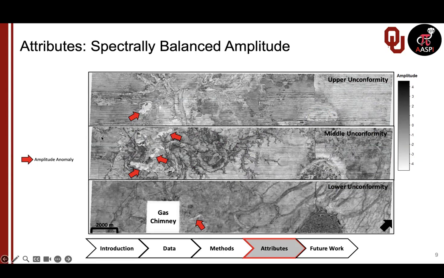And we see these negative amplitude anomalies in here, all these white spots, if you will. These, in my analysis and in previous analyses, have been associated with gas saturated sands. So I thought that was interesting. You can't see those in the original amplitude volume, but once you spectrally balance it we can see those very well here.